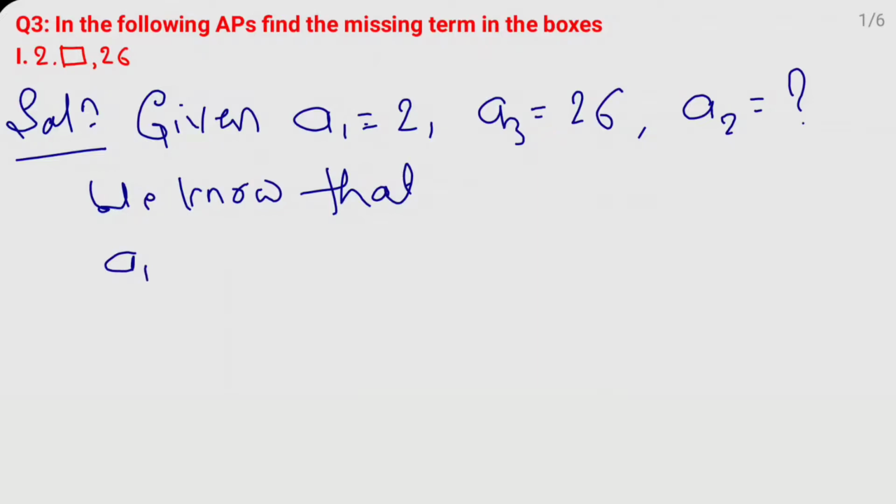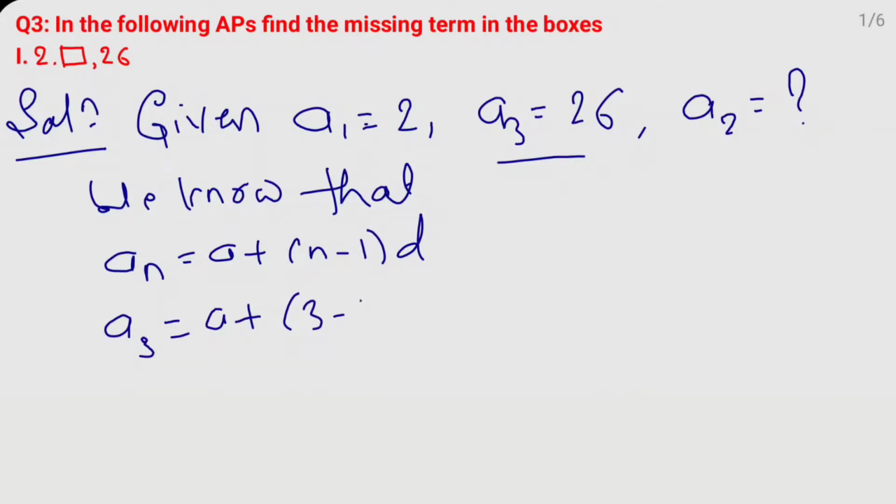formula an equal to a plus n minus 1 into d. Here they given a3, so n is replaced by 3. So a3 equal to a plus 3 minus 1 into d.